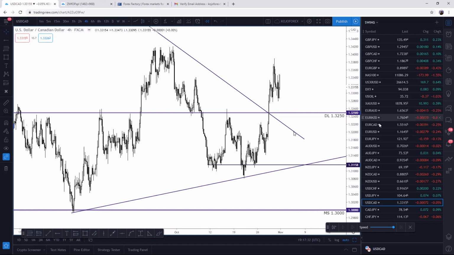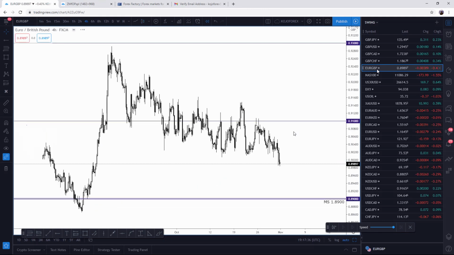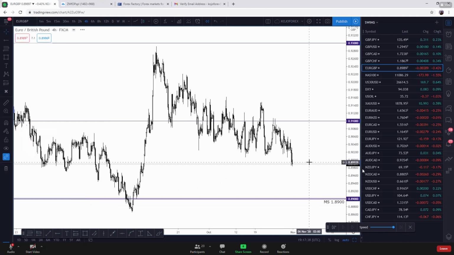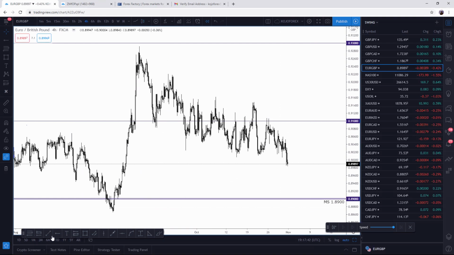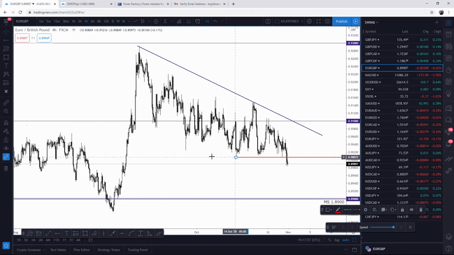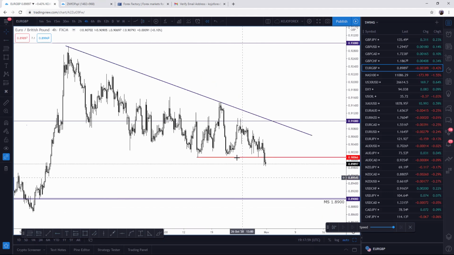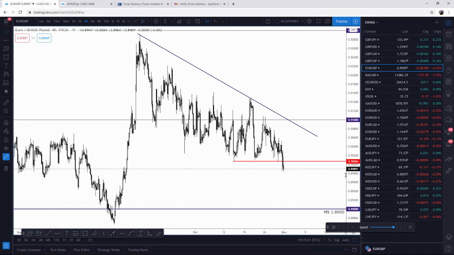Euro GBP. What has Euro GBP done? Is Euro GBP taking out the last low?